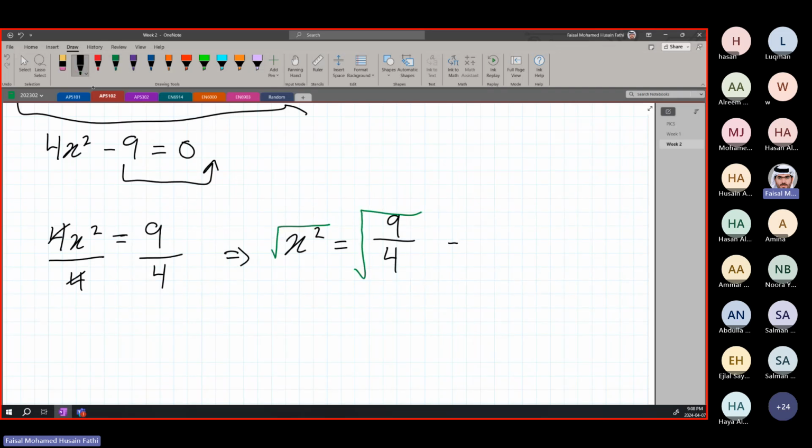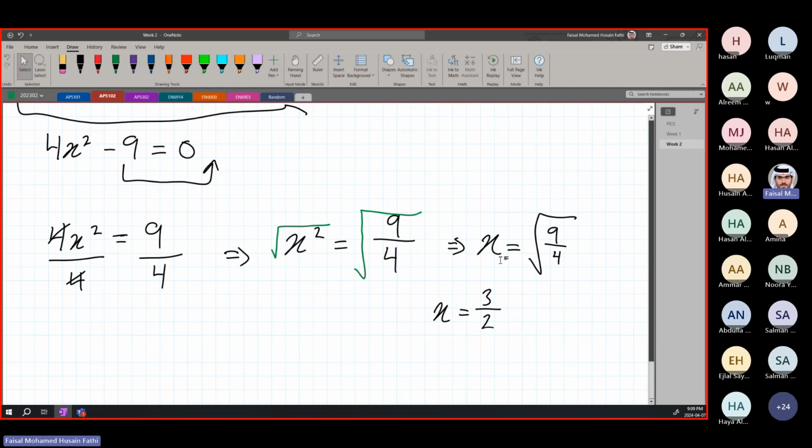This is going to give us x is equal to the square root of 9 over 4. So x is simply equal to 3 over 2 because the square root of 9 is 3 and the square root of 4 is 2. Okay? So this is how you can solve this. Very simple, very straightforward. All right.